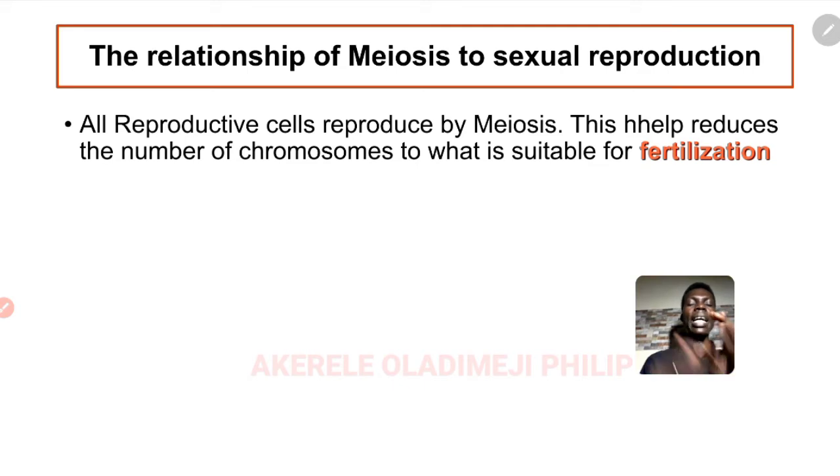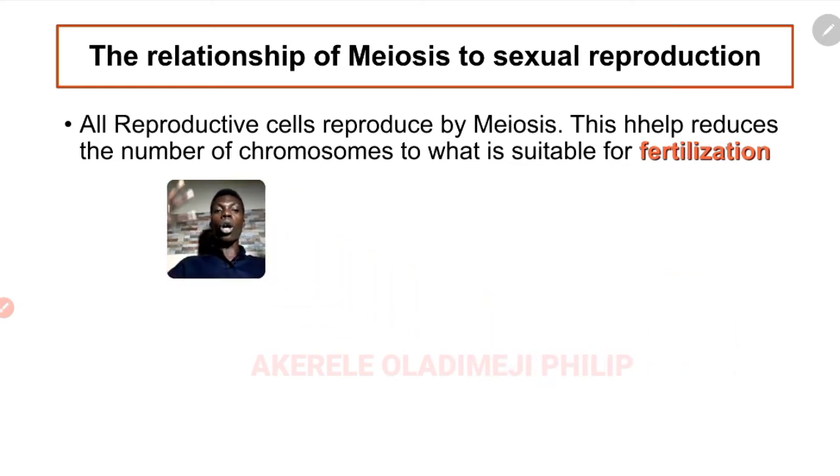We have two types of cell division, majorly, which are meiosis and mitosis. Now, meiosis is majorly for sexual reproduction. Let me tell you how it applies. All cells in our body as humans, let me use myself as an example, all cells in my body as human will reproduce by mitosis.